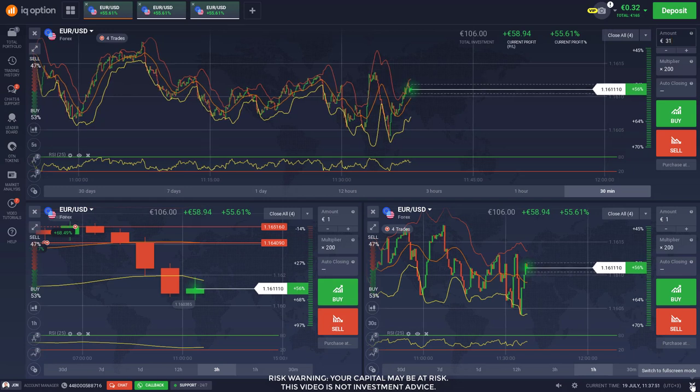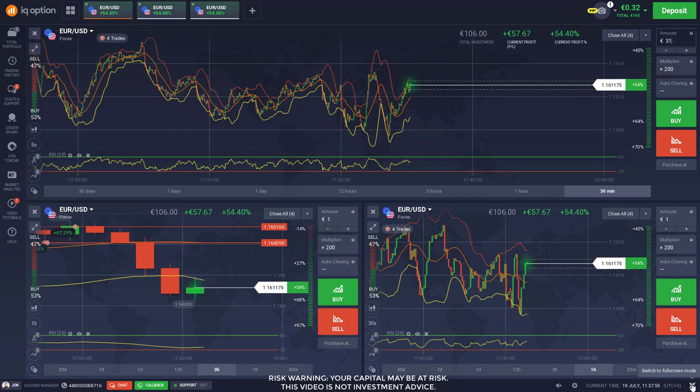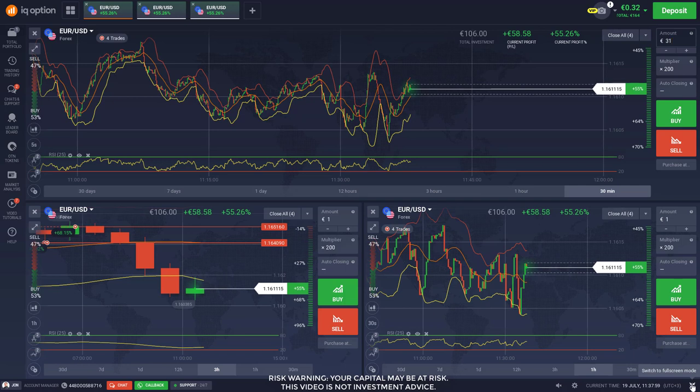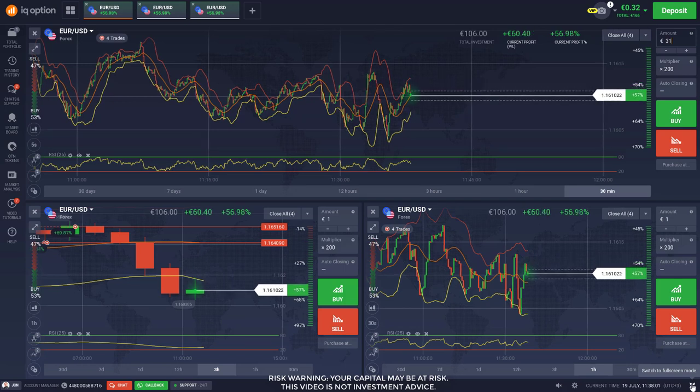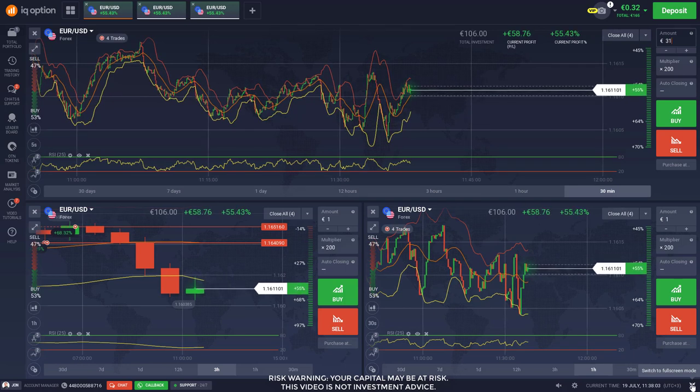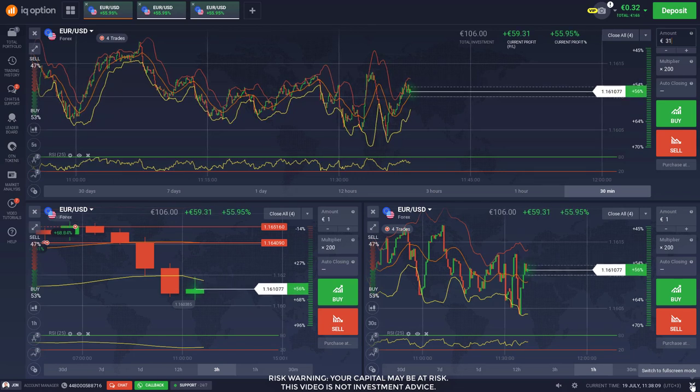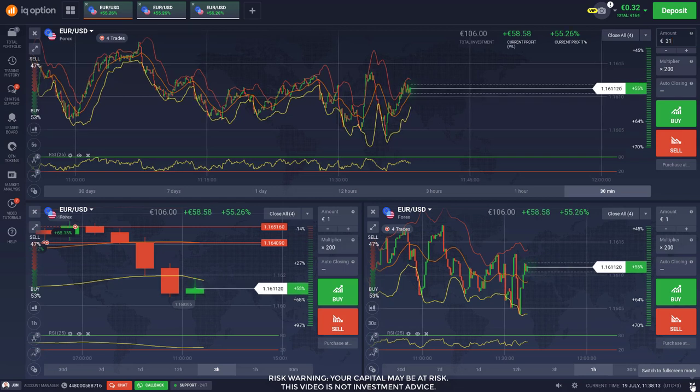It almost looks like coming down. So these are the time you kind of need to be patient, because you don't want to close too early.